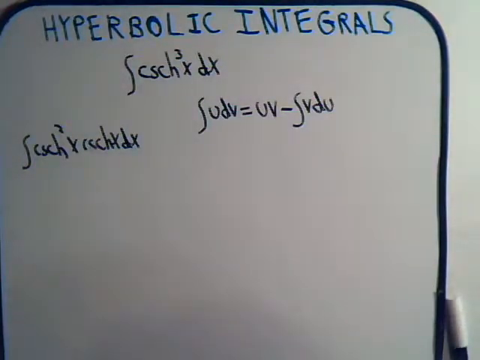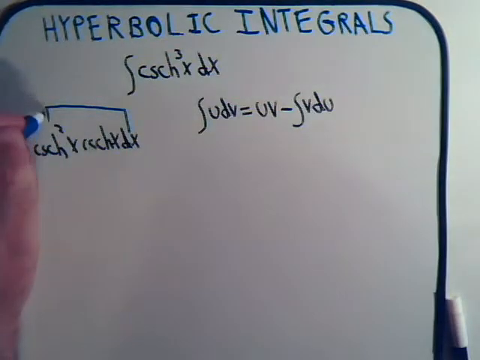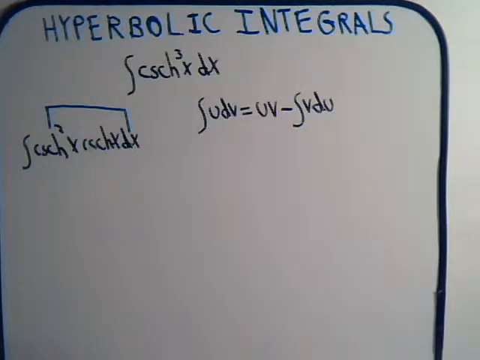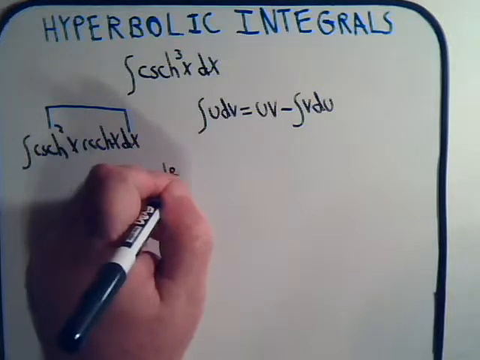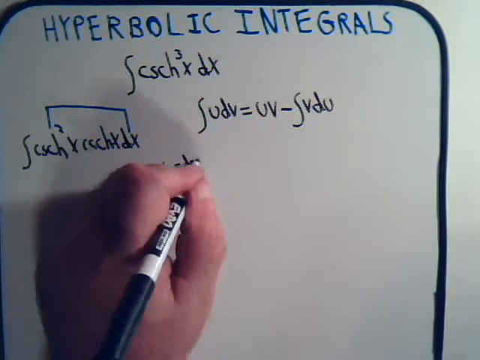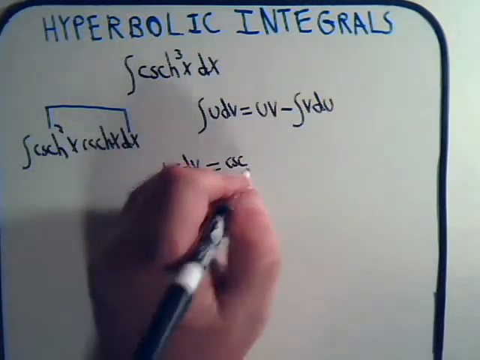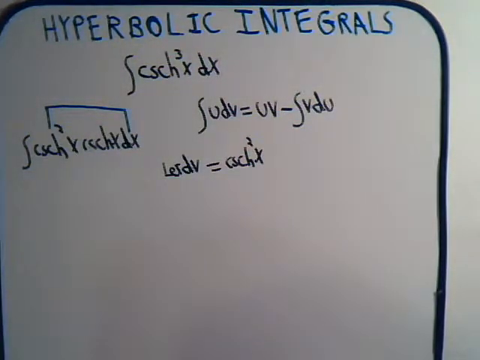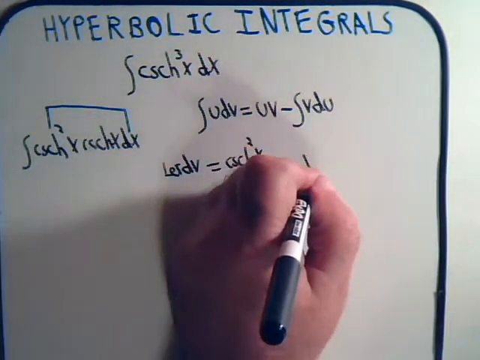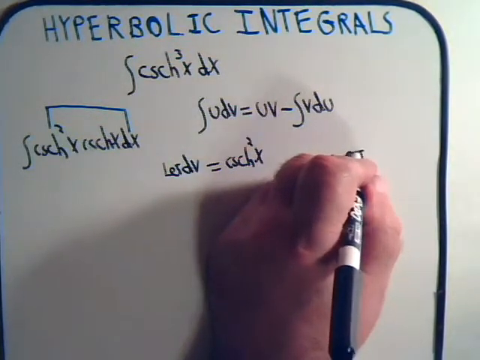And say, well, let's try with calling this dv. So if we do that, and we say let dv equal the hyperbolic cosecant squared of x, then v, that's just minus the hyperbolic cotangent of x.